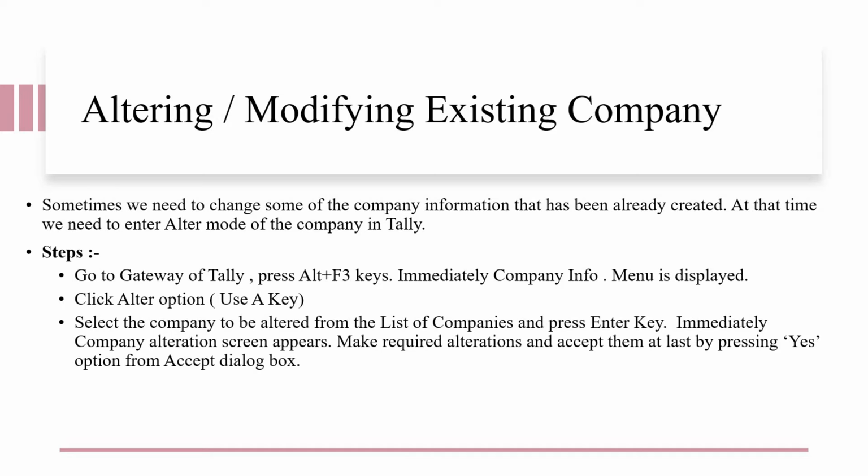Then make the required changes on the screen, and at the end there comes the accept dialog box. In that we have to press the S option, or else we can press the key Y from the keyboard.